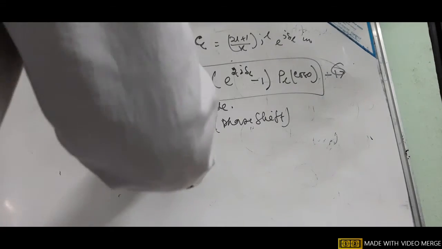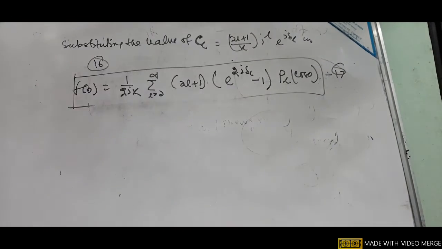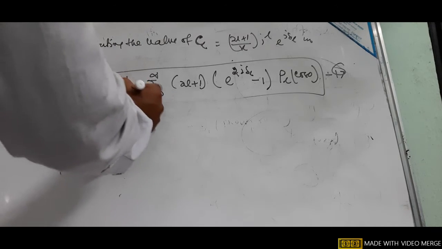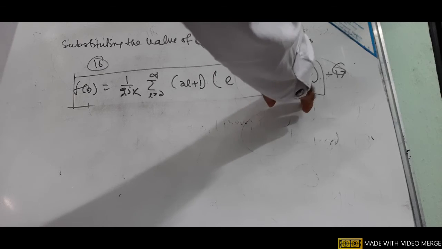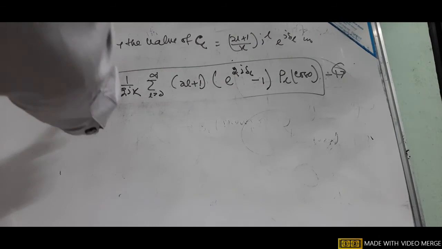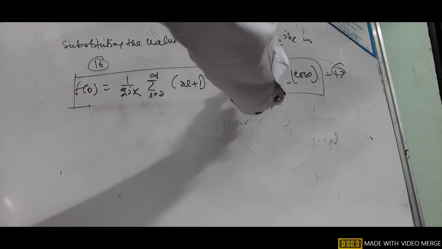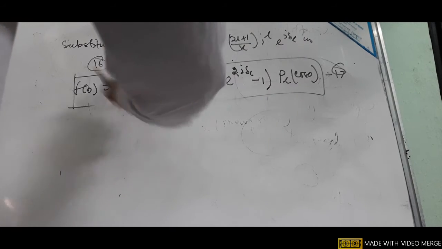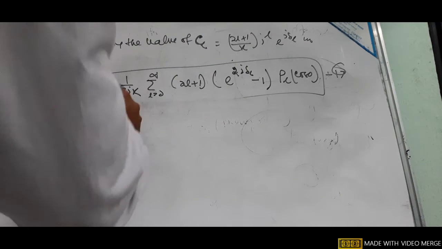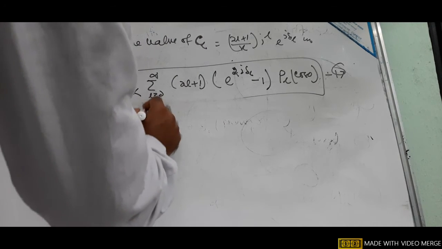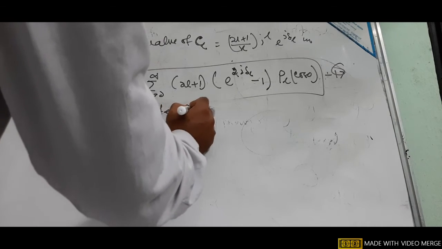So f theta equal to 1 by 2 I k summation L (2L plus 1) (e to the power 2 I delta L minus 1) PL cos theta. It depends on delta L and this k. This delta L is the phase shift, and it depends on the potential and energy of the incident radiation.